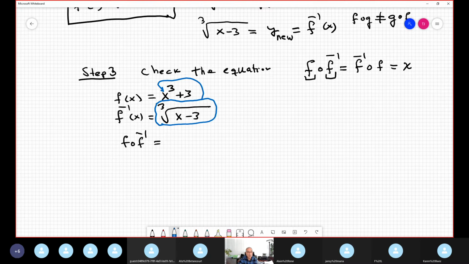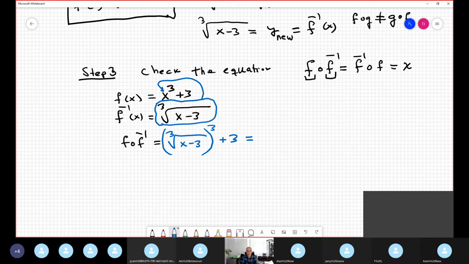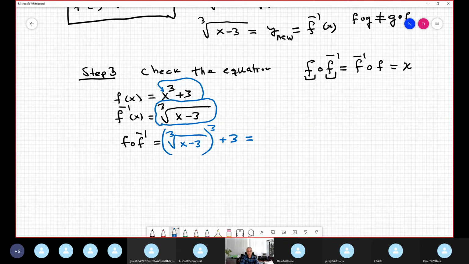And we have the cubic root of x minus 3, raised to the cubic power, plus 3. Do you understand the thing I am doing? Okay, I take, Jasmine, I take the entire inverse function and replace it in the x of the original.